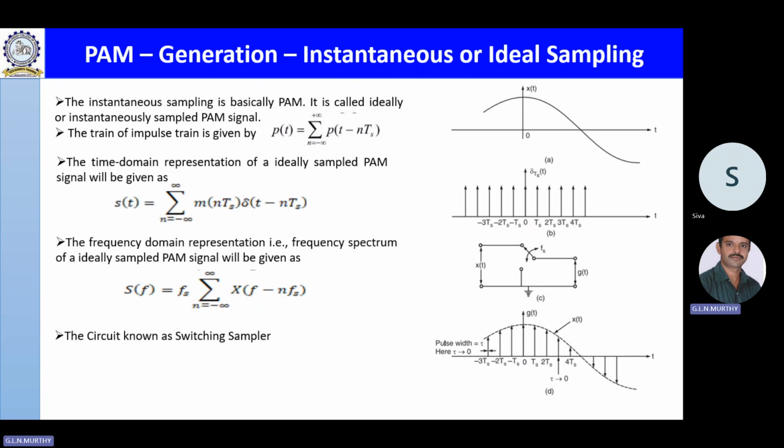Okay, the other name of this device is called as a switching sampler. A switch opens, closes, opens, closes, opens, closes. However, ideal sampling fundamentally has some drawbacks. What are the drawbacks? It is difficult to have a switch which closes for zero time. Practical switches are not possible.